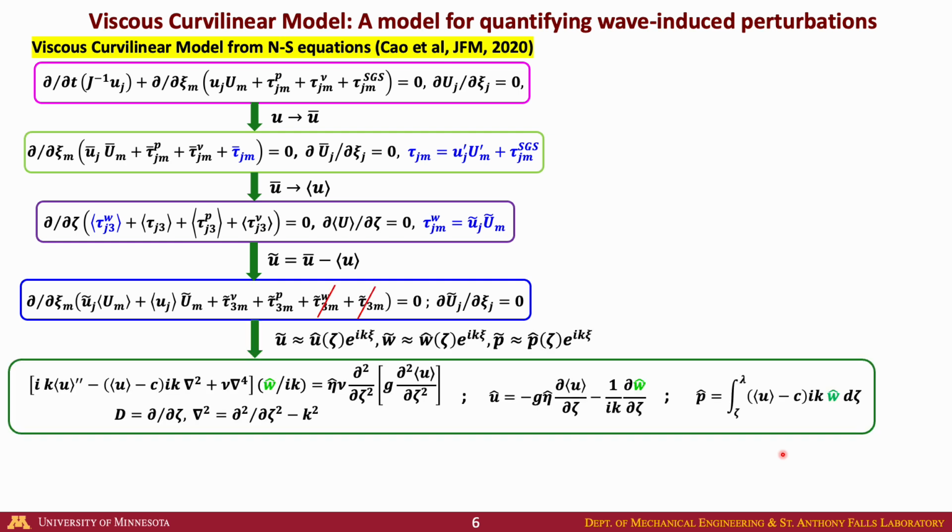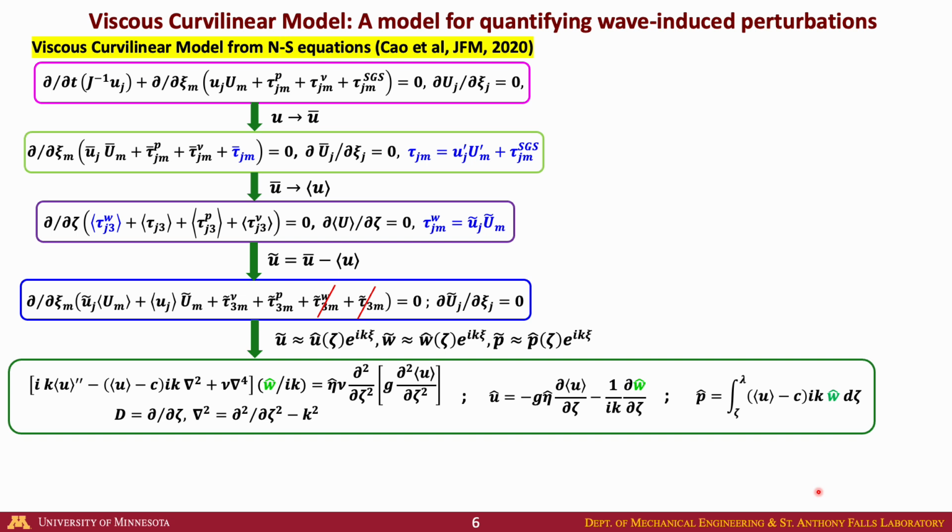Next, we apply the Fourier ansatz and simplify the wave-induced governing equation following the same spirit as deriving the Orr-Sommerfeld equation. We linearize the equations by dropping the nonlinear wave-induced stress and turbulent stress terms. We further simplify the equation by eliminating the wave-induced streamwise velocity and pressure quantities.